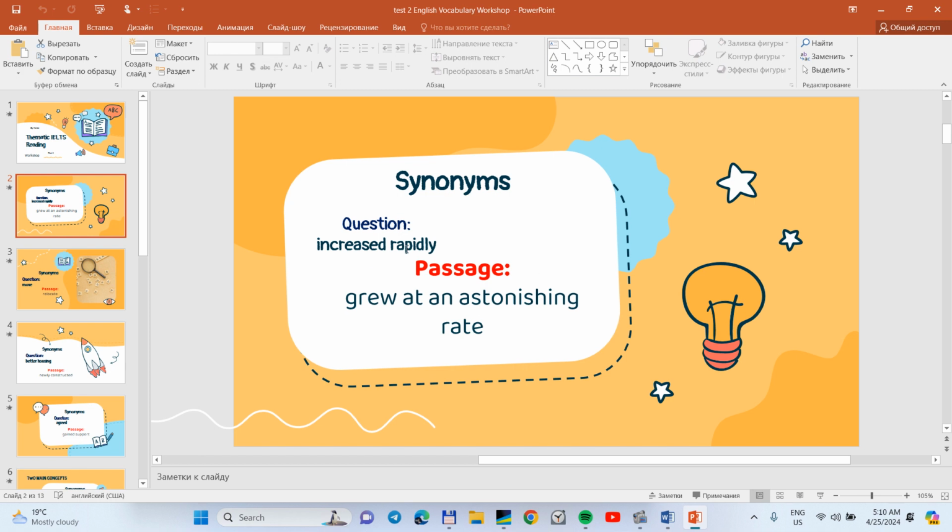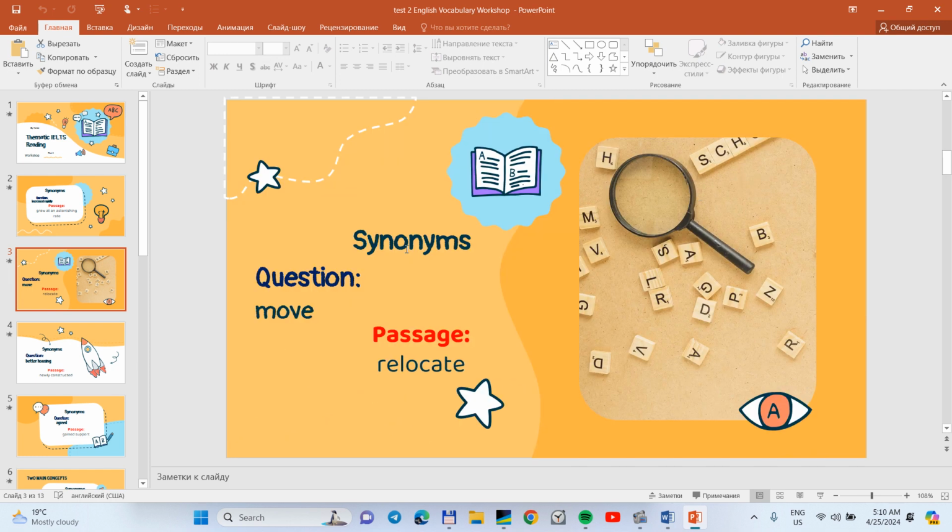Please, guys, it's really important to write down these synonyms in your notebook. Pause the video and write them down, and these words will be useful for you in your next upcoming reading passage.